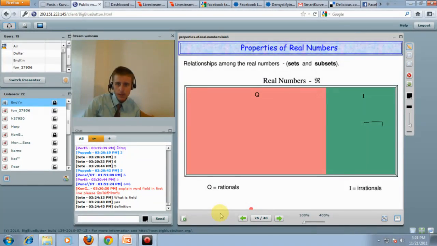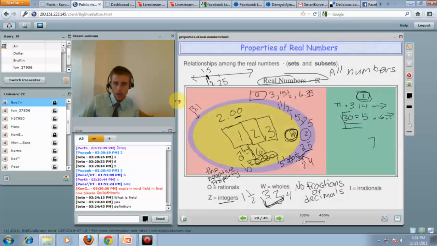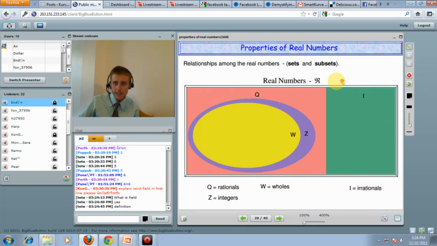Here we go. Everything included below is in the real numbers field. Everything in this box is the real numbers field.